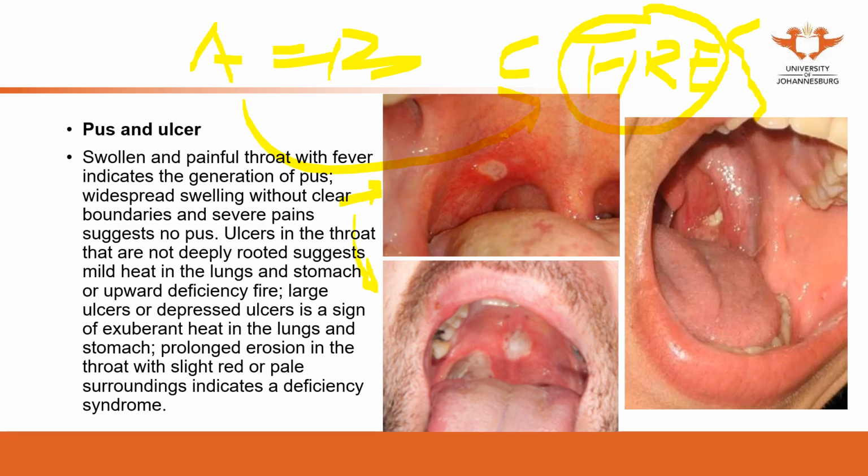So when you compare these two, the top one is yang because it's red. The bottom one is pale. So the top one is yang, the bottom one is yin. But in the yang ulcer, you're also going to have yin and yang in this side. One is from deficiency, one is from excess.